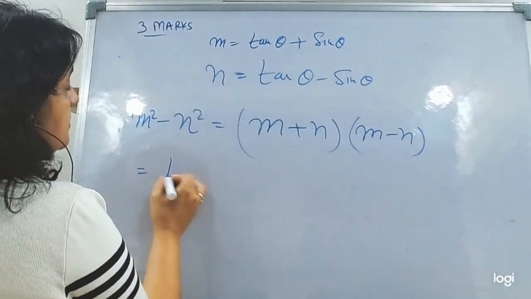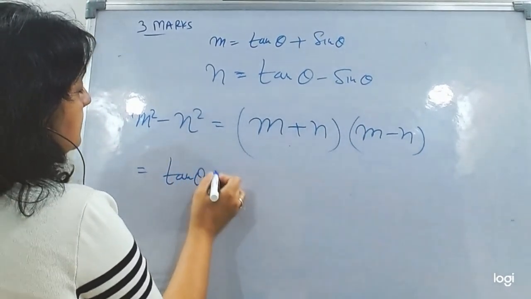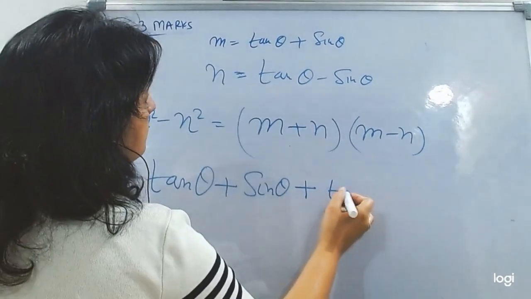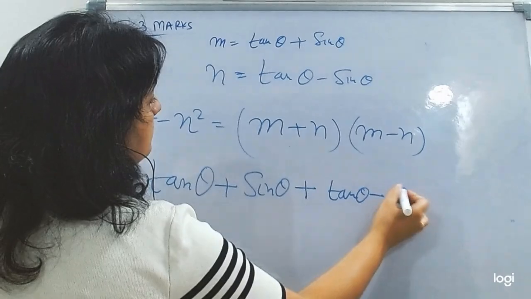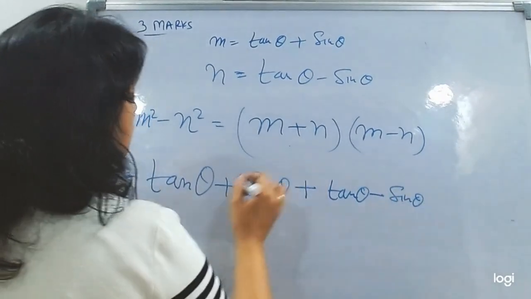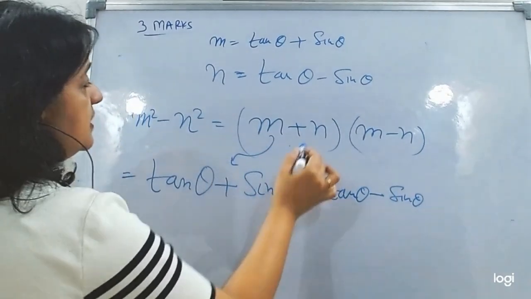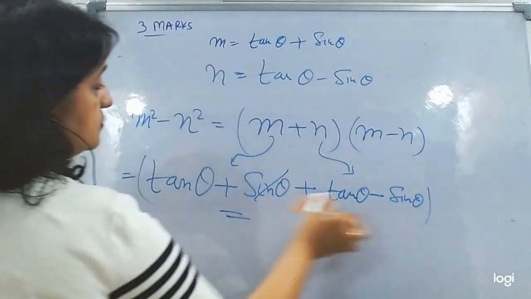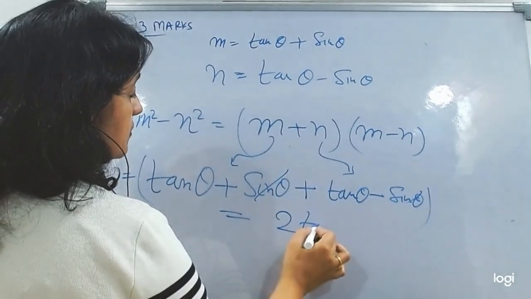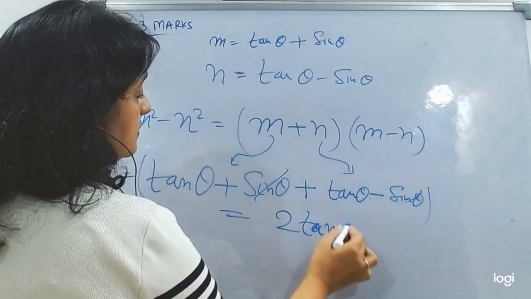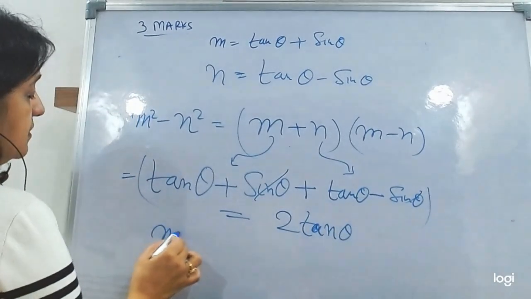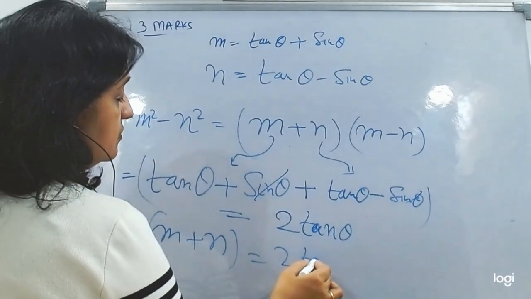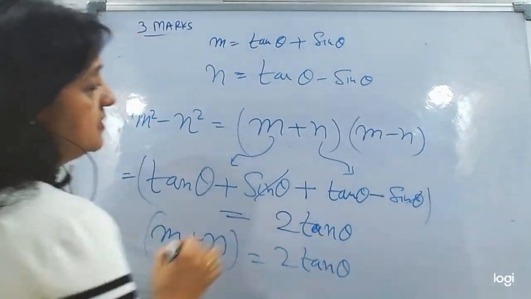So it becomes tan theta plus sin theta plus tan theta minus sin theta. This is the value of m and this is the value of n. So this is going to be equal to 2 tan theta. So remember, m plus n is equal to 2 tan theta.